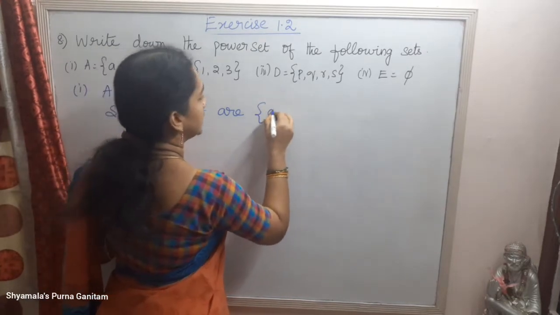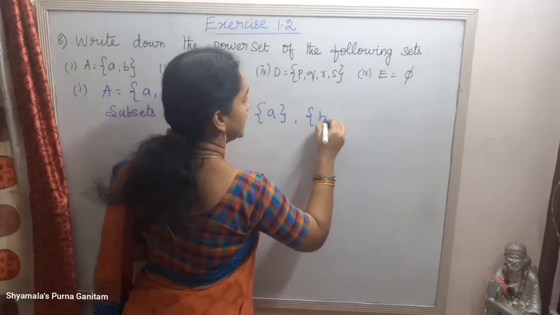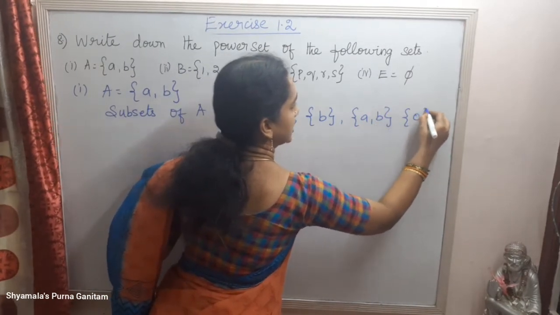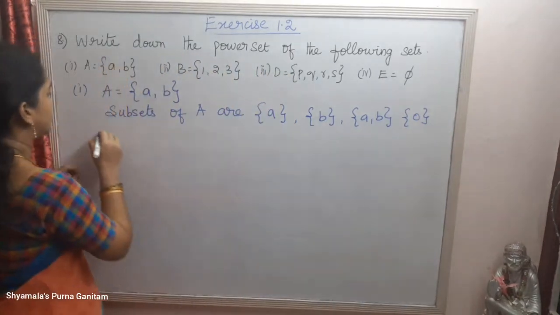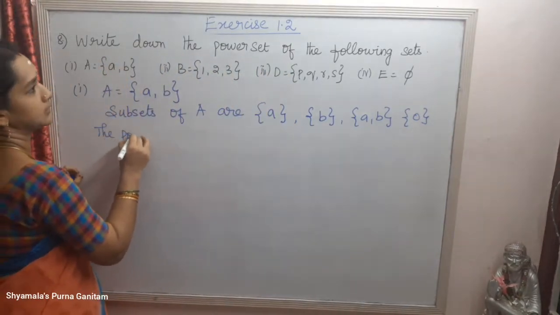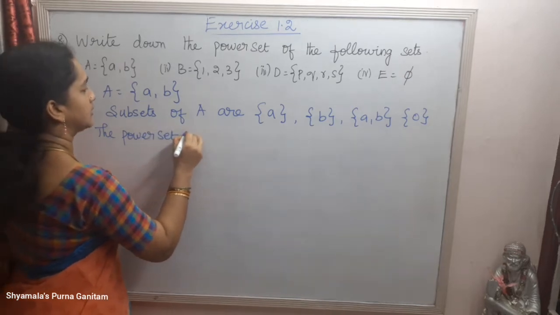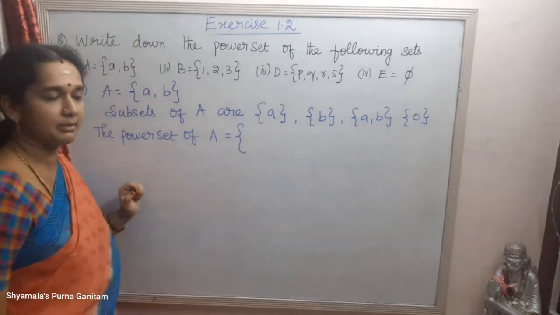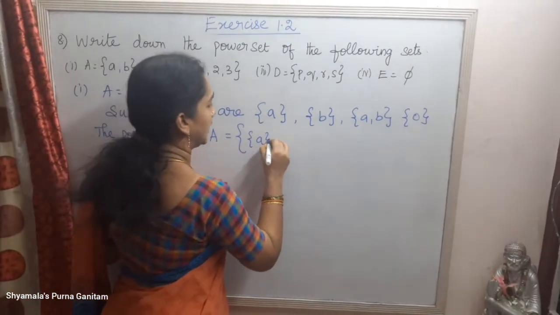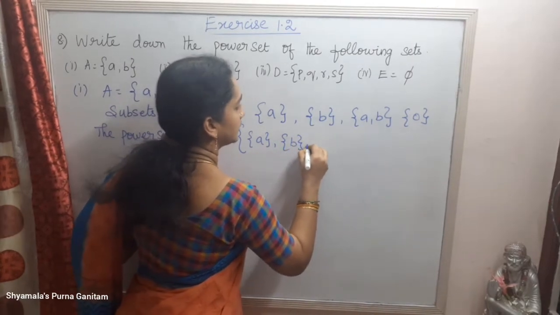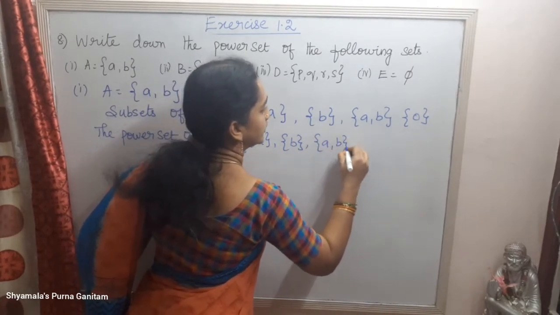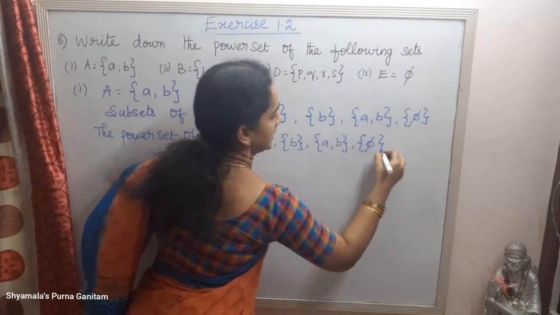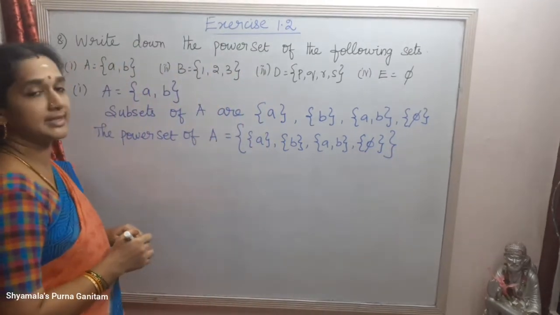That is, {a}, {b}, {a, b}, and the null set. So the power set of A is equal to, you have to write everything inside the brackets: {a}, {b}, {a, b}, and the null set. So this is the power set of A.